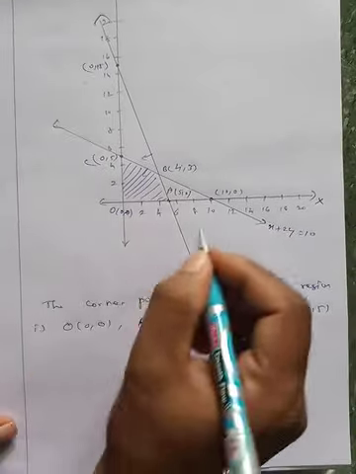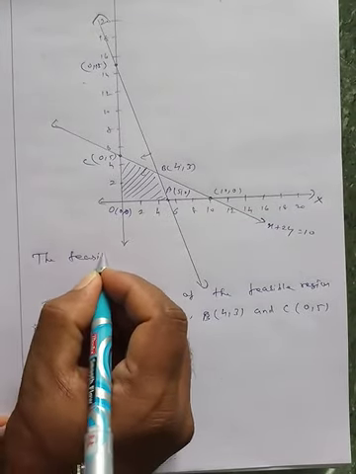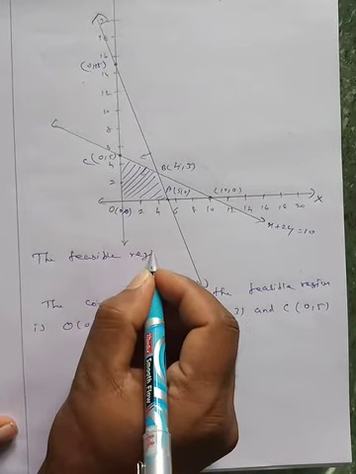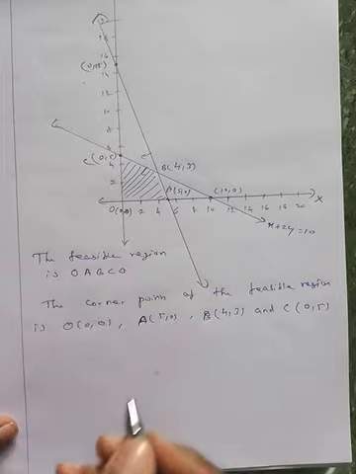And the feasible region is O, A, B, C, O.